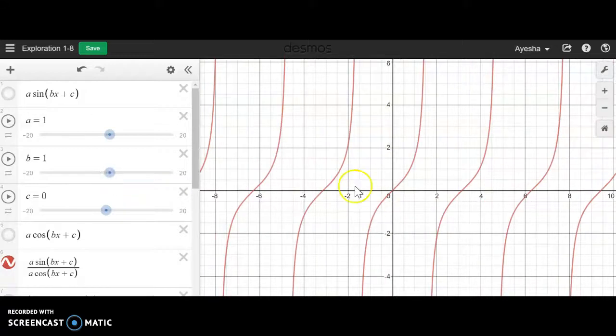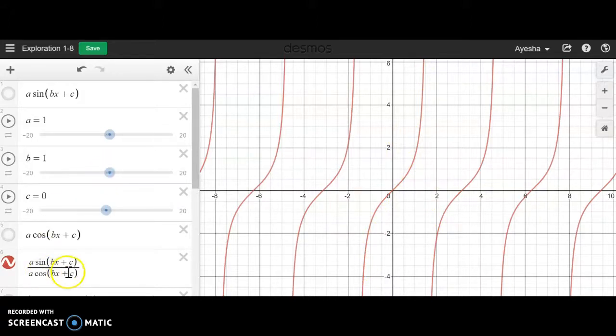Each of the periods is decreasing, because tangent is not all of tangent, but just in between the restrictions we have, like negative pi to positive pi, where the function is decreasing.